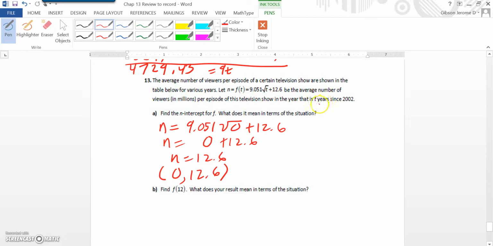So now it tells us that this is t years since 2002. So we know when t is 0, that means we're in 2002. So basically in 2002, there were 12.6 million viewers of this television show.